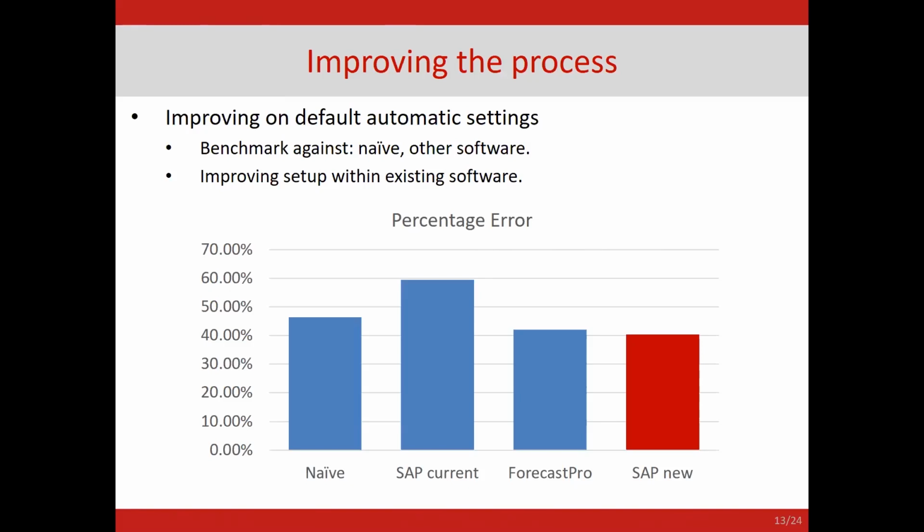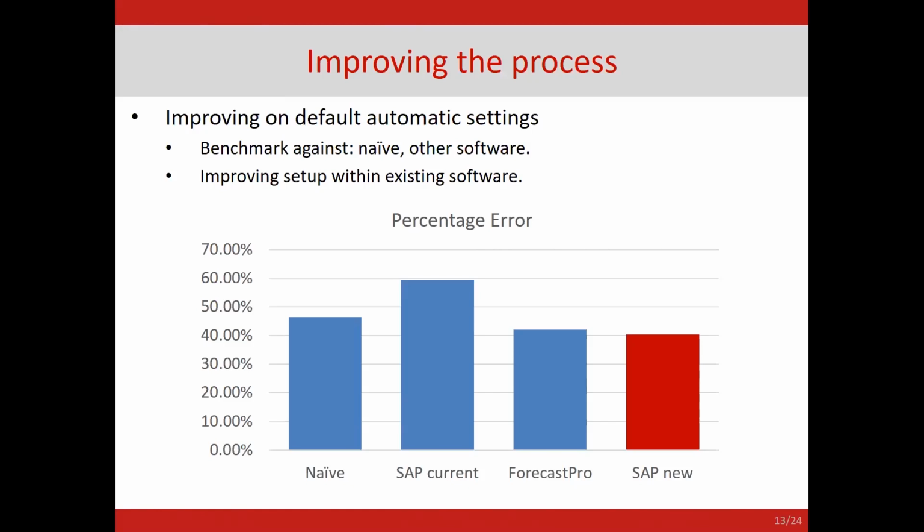So at least there was some added value there. Yes, reassuring. And what we tried then to do is, given the constraints of the software at hand, could we actually come up with a better setup that could get us to where we wanted? And that would be the red bar here, where essentially by doing the right analysis, we could pick the correct models and then the correct parameters and get good quality forecasts.